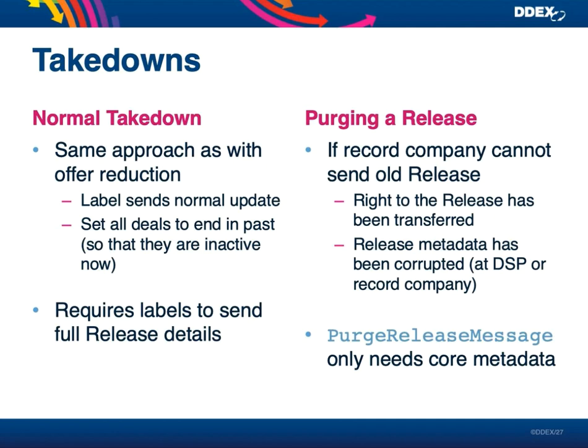And since the normal takedown would then require the record company to add the content into its system just to take it down, we created this purge release message, which is kind of a nuclear option to remove content. And then you would normally follow that up with a new release message, which then would put up the content again.